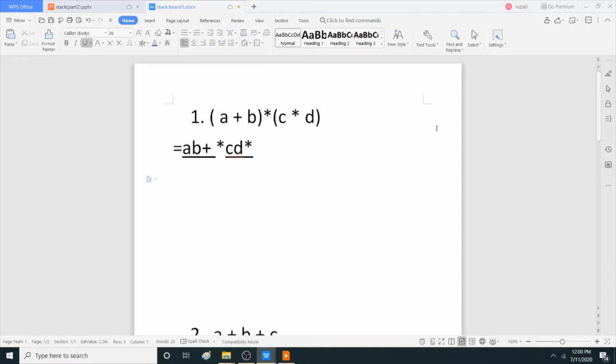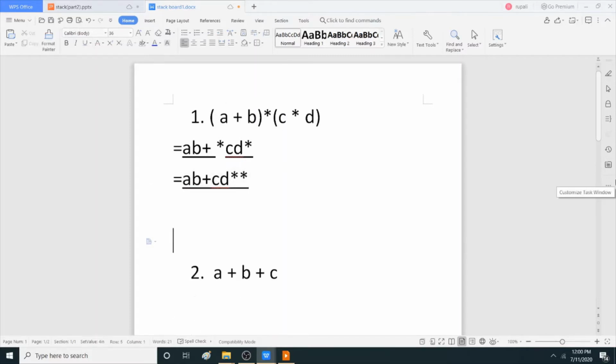So it becomes A B plus, C D into, and then this into comes. Now underline it. So this is the result after converting this infix form to the corresponding postfix form.